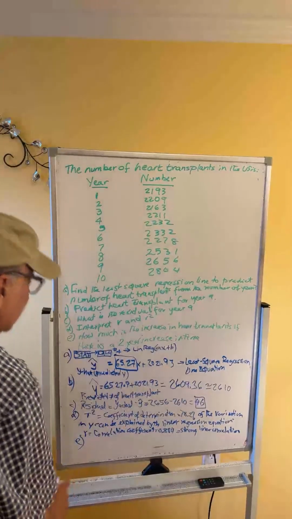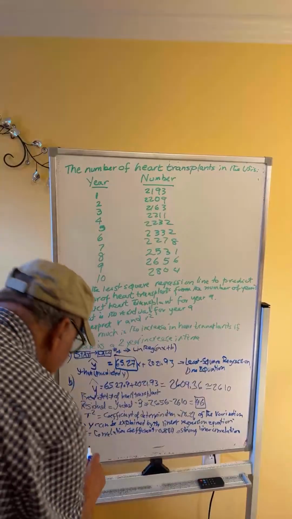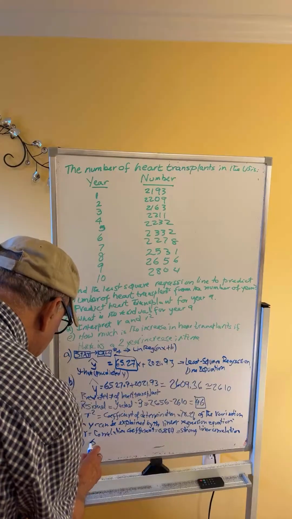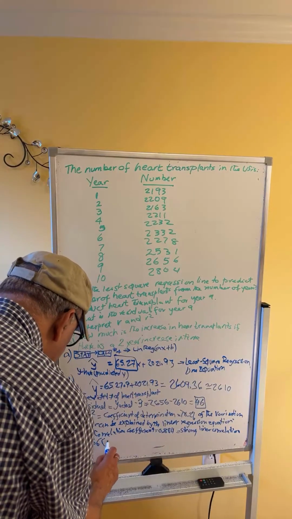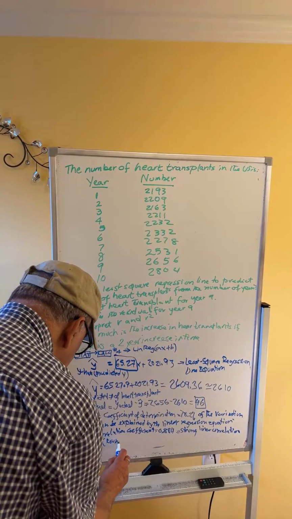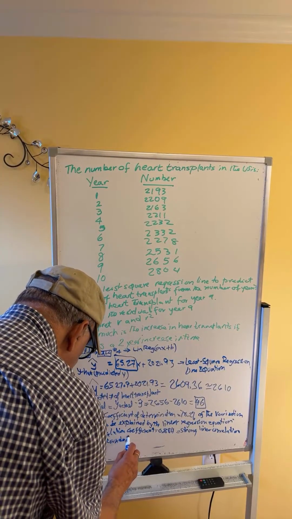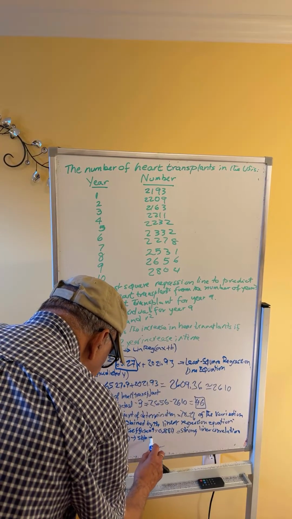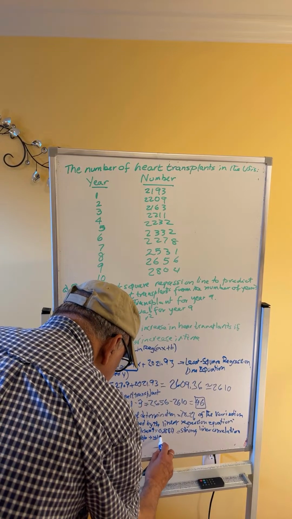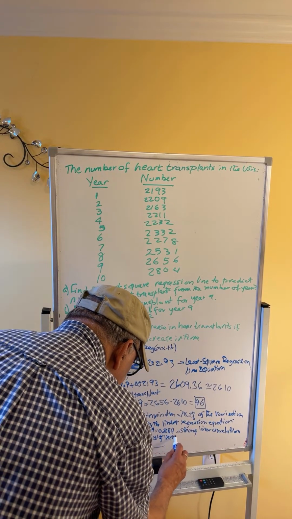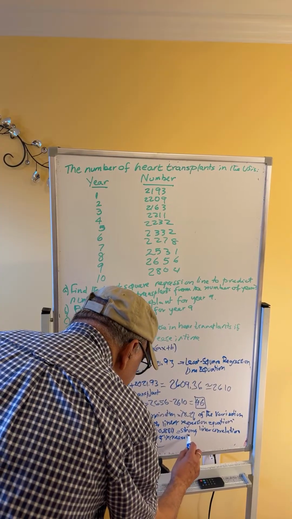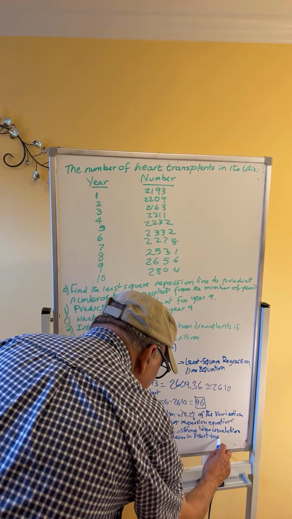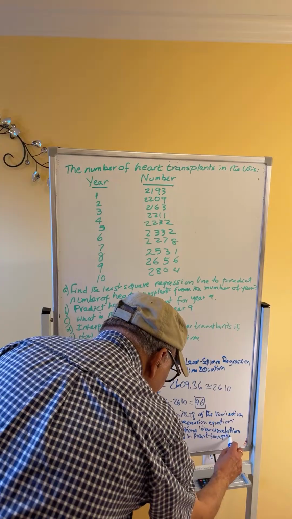Part E. Now we know the slope, 65.27, rounded to 66, is the number of increase in heart transplants every year, in 1 year.